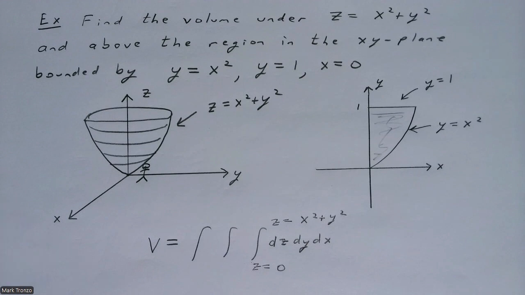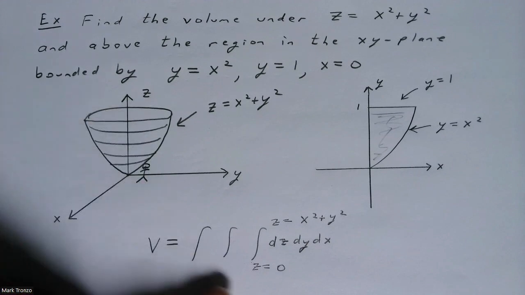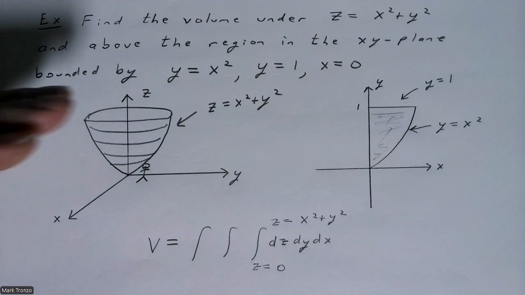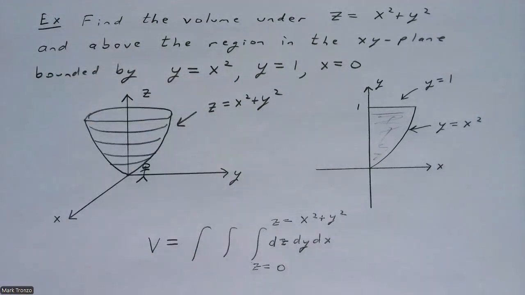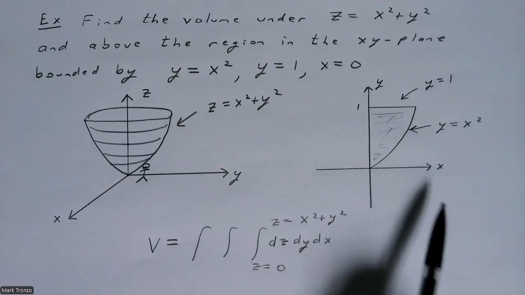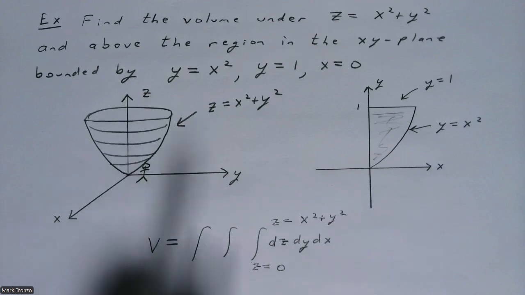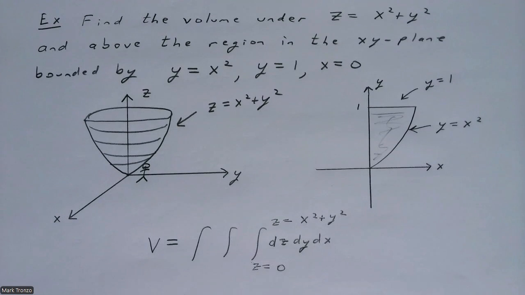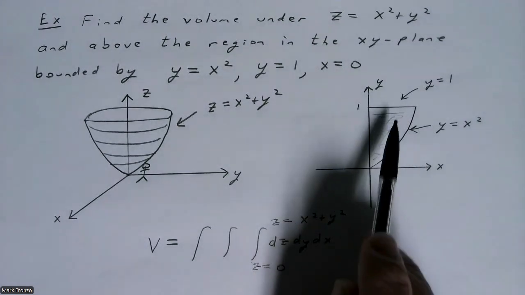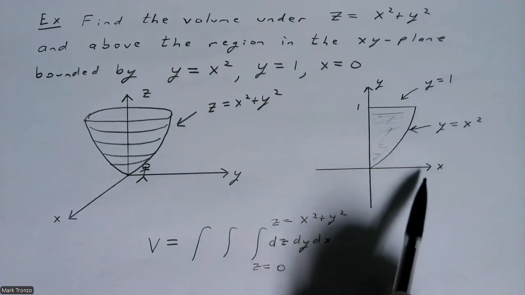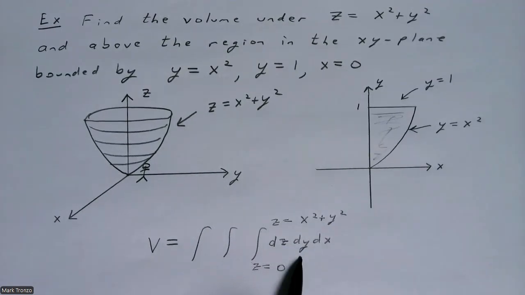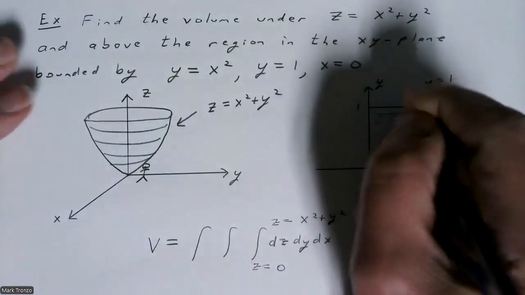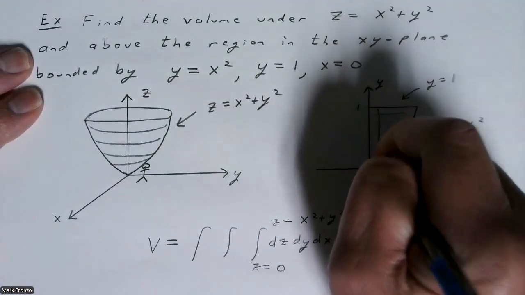And now once you have done z, then you focus on what the projection is into the xy plane, because we're done with z. So now it's down to these two integrals. And usually when we get down to a double integral, let's say we want to do y first, we'll put arrows in the positive y direction.